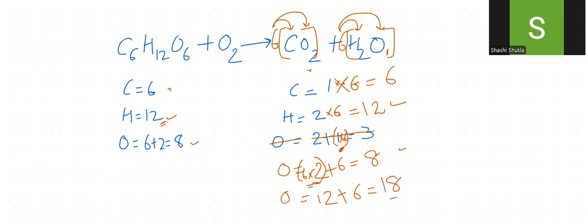Let's see if it's balanced. 6 for carbon on LHS and RHS. 12 for hydrogen on left hand side and right hand side. Oxygen still not balanced. 8 and 18. That means how many more do I need to have here? 18. So now this needs to be 18. 12 plus 6, 18.